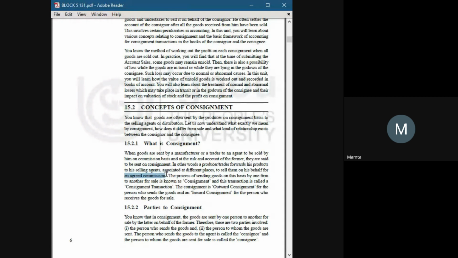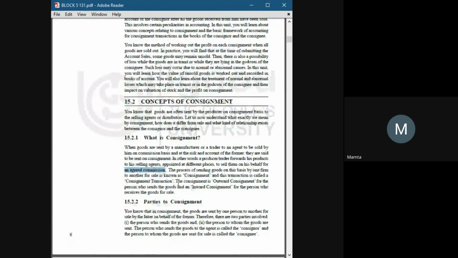Take these 100 units of goods and give me 1 lakh. You will set a minimum bar for the agent. The agent will ask for a commission on each and every product, and on that commission basis it will be given to that agent. That is known as consignment.